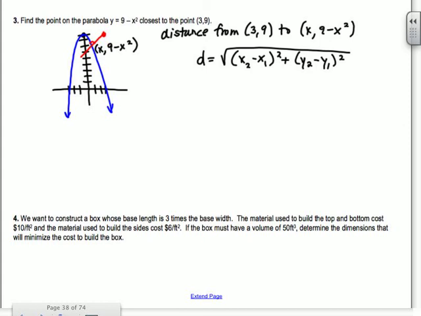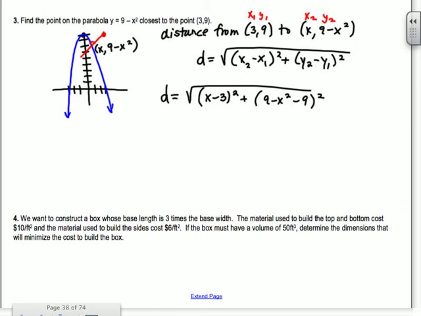In our case, D is going to be, you can make either one (x1, y1), the square root of (x minus 3) squared plus (9 minus x squared minus 9) squared. Obviously you want to do some simplifying before you try to minimize.